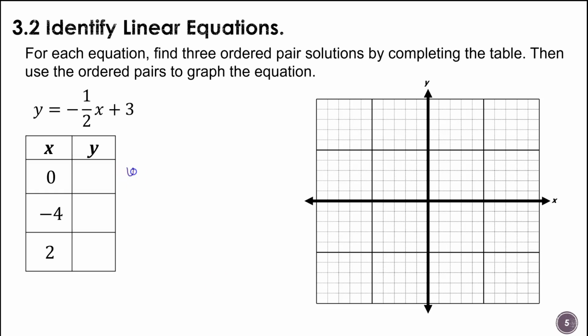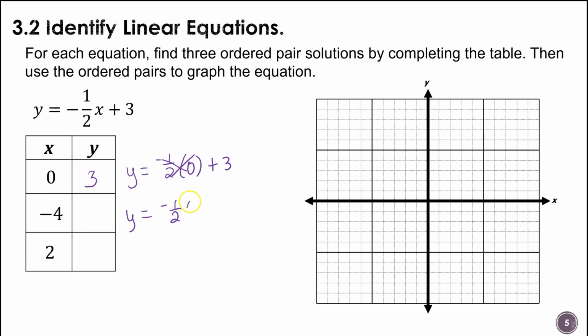So we're going to substitute for x 0 on the first one. And you see what happens here, -1/2 times 0 is 0, so y equals 3. On the next one, y equals -1/2 times -4.